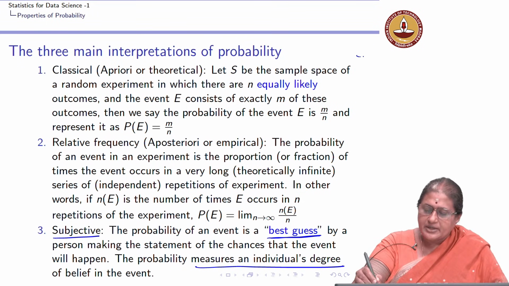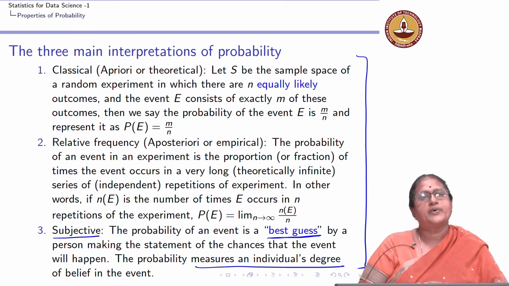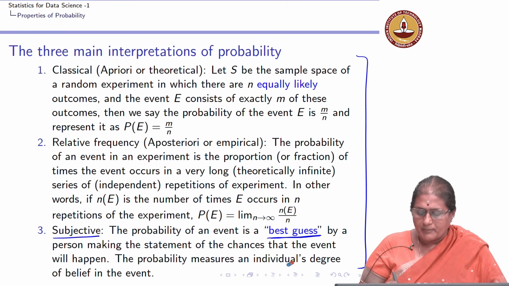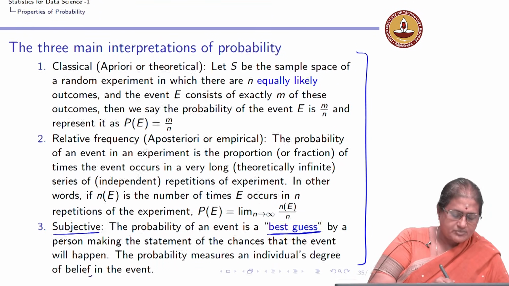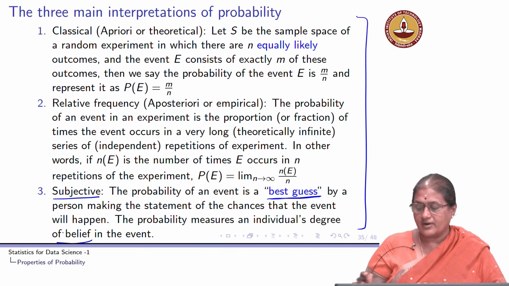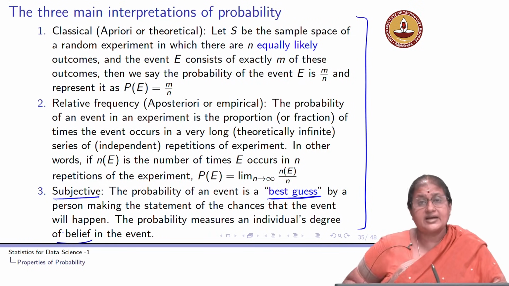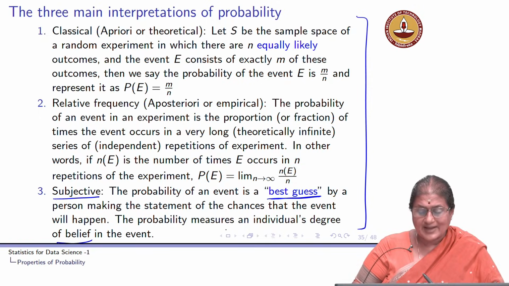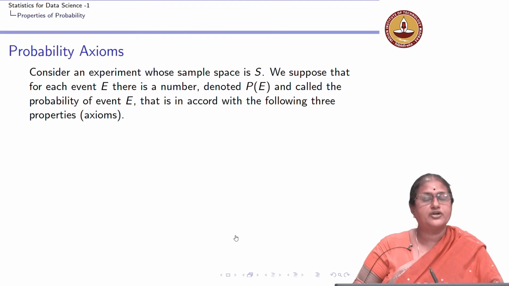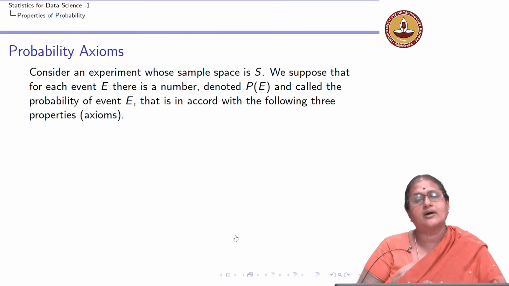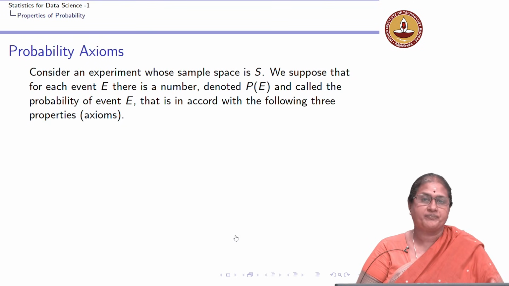Now, these interpretations have been popular for a long time, but afterwards there has been a unified framework to interpret this entire probability theory, and that is what is popularly referred to as the axiomatic approach to probability.